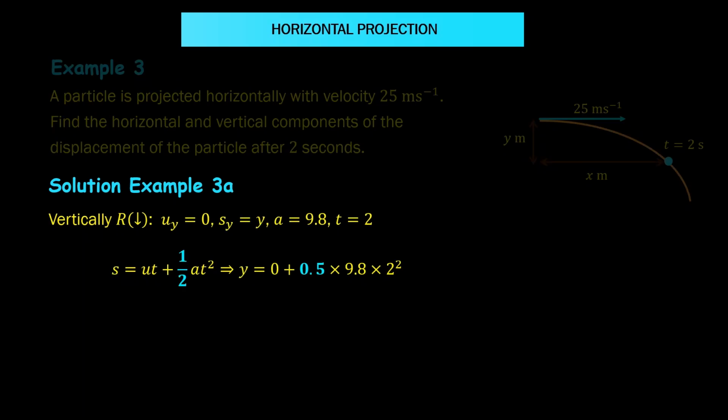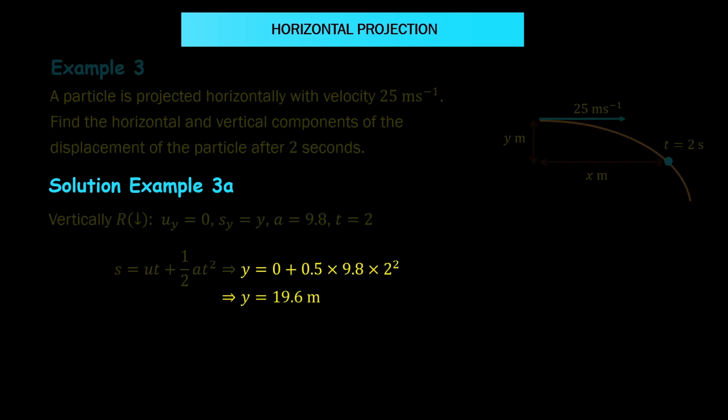We leave half as it is, 9.8 being the acceleration due to gravity, and time is 2, so we have 2 squared here. And so the distance, y, equals 19.6 meters.